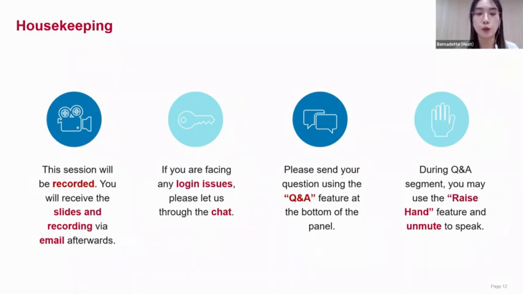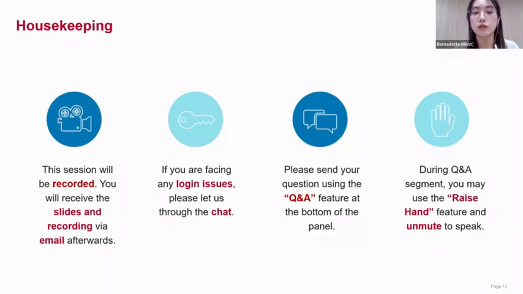If you do not know where to find your chat function, look at the bottom of your screen. You will see a bar of interactive features, and one of them is the chat icon. If you click on the chat function, a right panel will pop up. So you could reach out to Wen Fong and myself there.